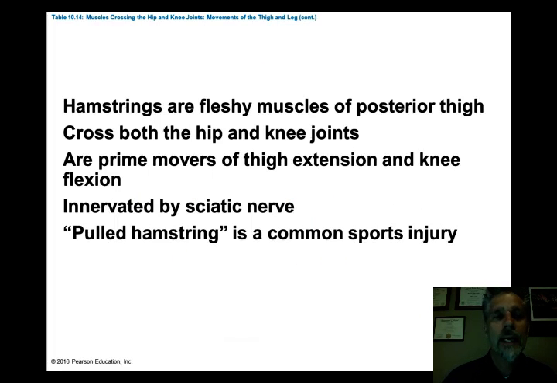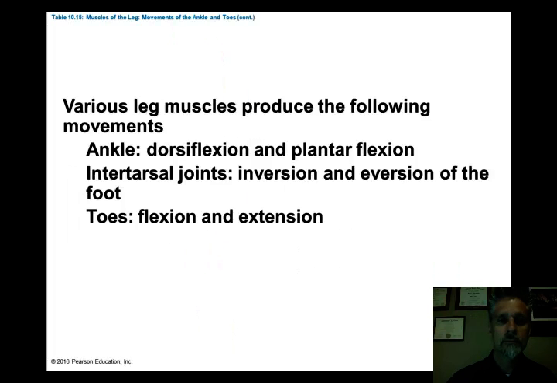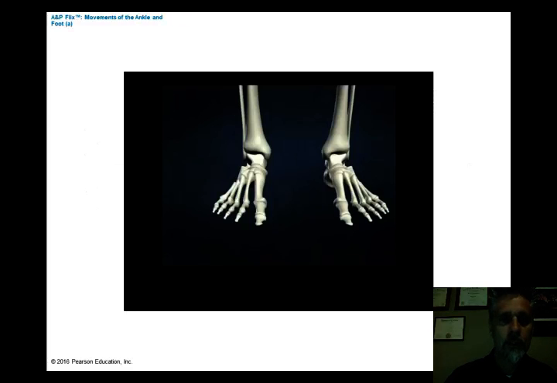Okay, when we get down to the leg as well, we're going to start seeing some of those additional flexors and extensors. So we had quadriceps on the anterior side, we had hamstrings on the posterior side. And now when we get down to the leg, instead of extension and flexion, what we have is dorsiflexion, where the toes come up, and then plantar flexion, where the toes go down.